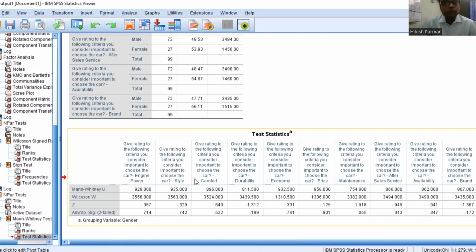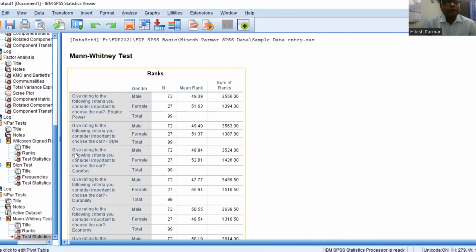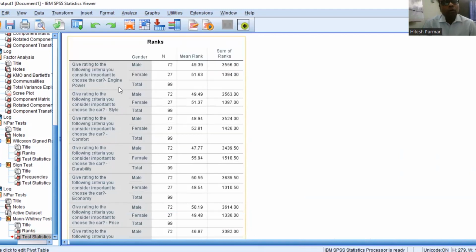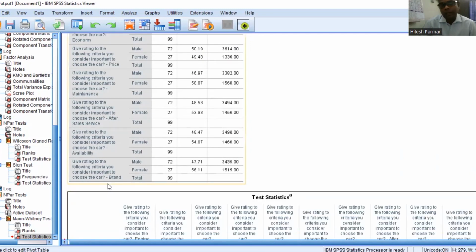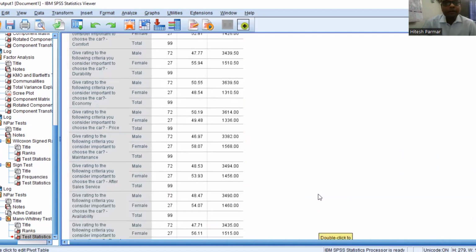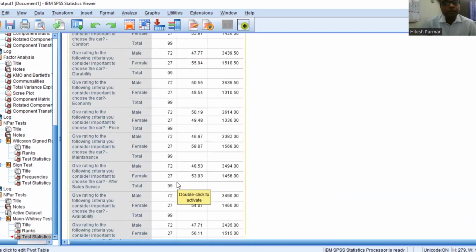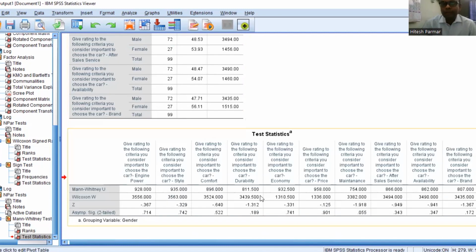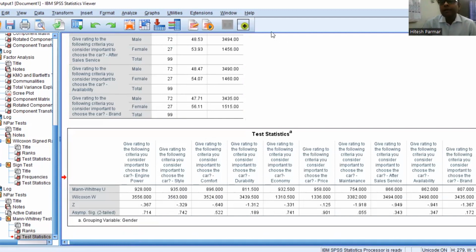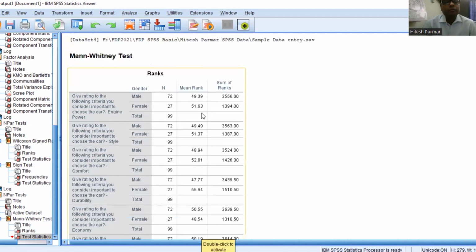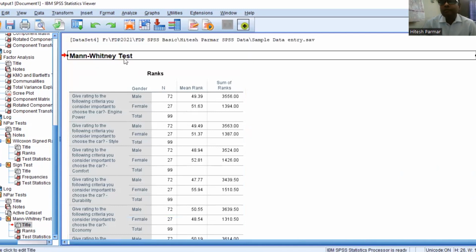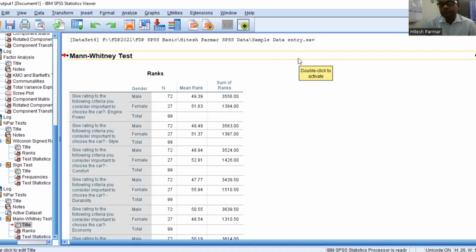Ultimately both genders give equal rating for all these variables, starting from engine power, style or comfort to the brand. Their perception, their rating, their importance with respect to all these variables we can consider equal. There is no significant difference. So this is how we can go for a non-parametric test which is equivalent to the independent sample t-test, that is the Mann-Whitney U test.